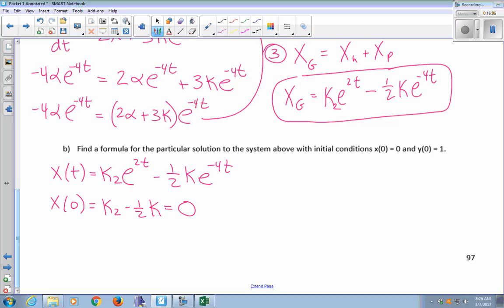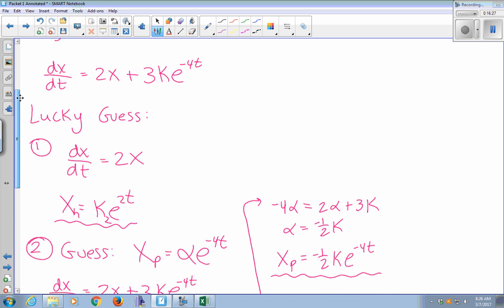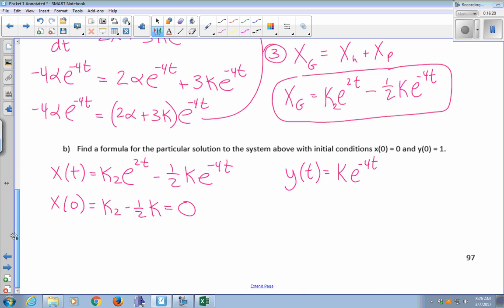But y of 0, I have a solution y of t that I came up with in the first like 5 seconds of starting this problem. It was k e to the negative 4t. Yeah, I used k, right? Yeah.